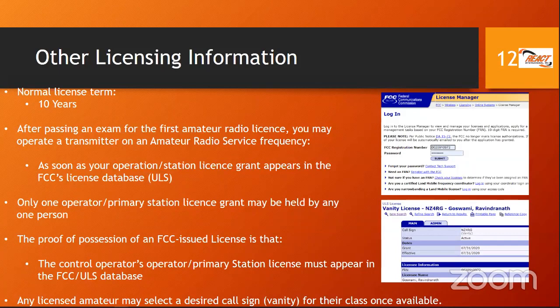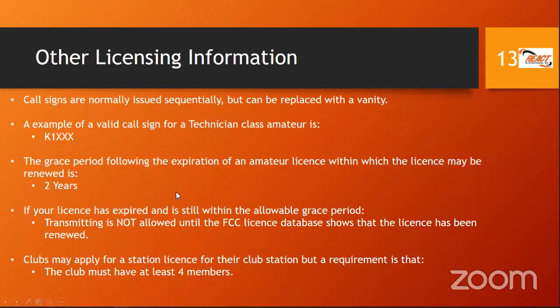And notice that any licensed operator may select what we call a vanity call sign, all right? Once that call sign is available and you are of the correct class for that particular call sign. So know that you can have a customized call sign that's called the vanity call sign. So some other licensing information.